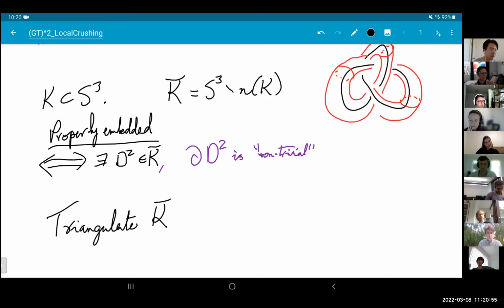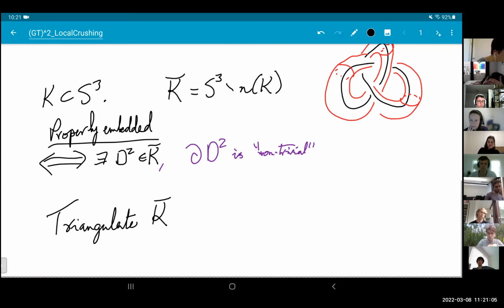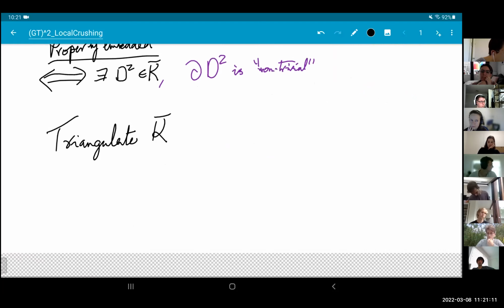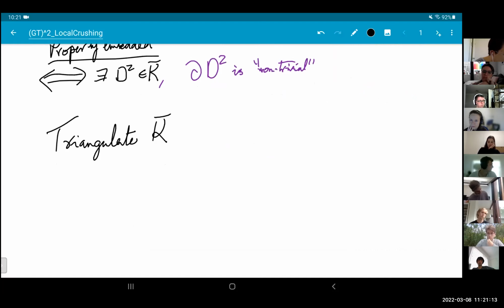By the way, this is why I want S3 and not R3, because S3 is compact, and therefore you can triangulate with a finite number of tetrahedra. Maybe I should say the way I'm going to describe triangulations is, it's just a collection of tetrahedra.